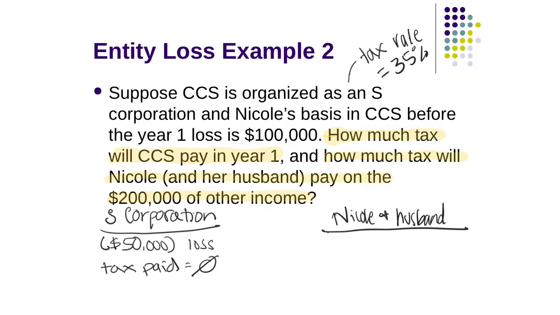So then if we go to Nicole and her husband, they have $200,000 of taxable income currently. That was from the husband's salary.